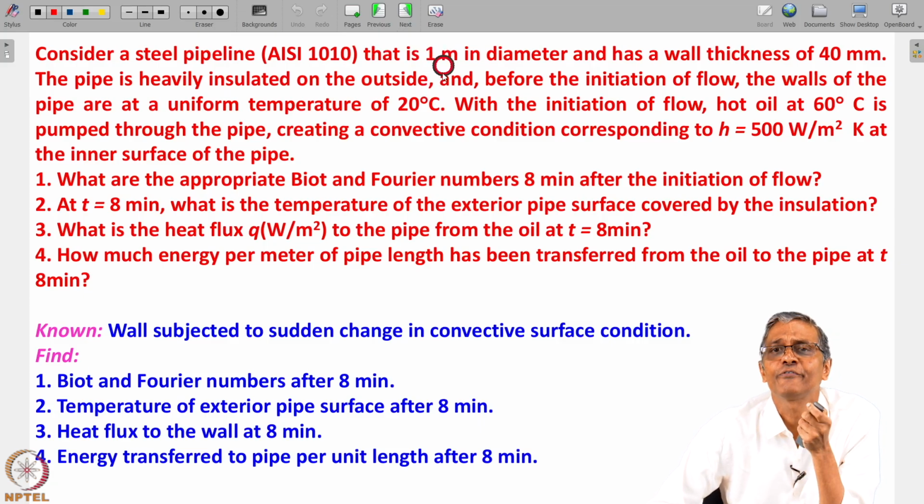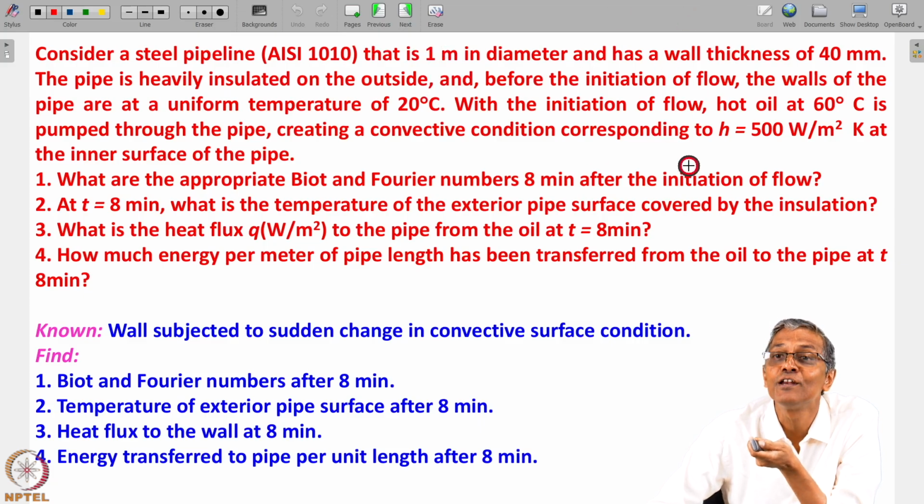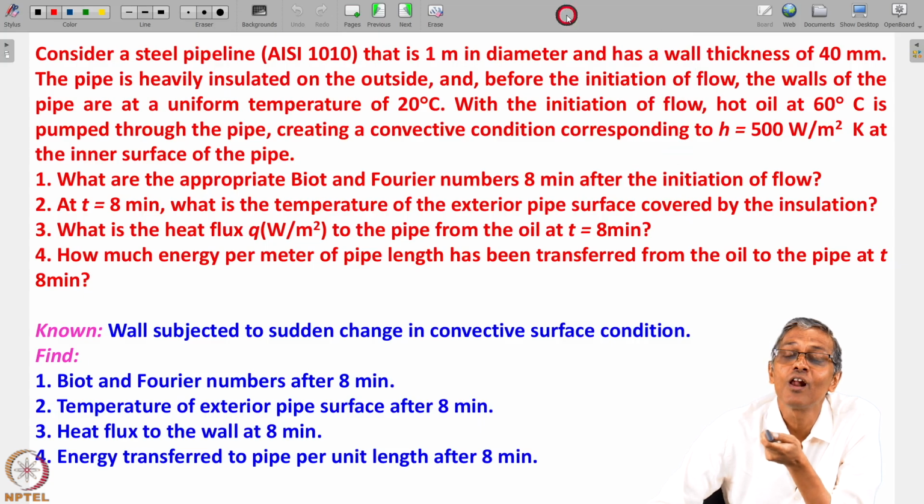So the curvature effects can be neglected and the pipe wall can be considered as a plane wall.